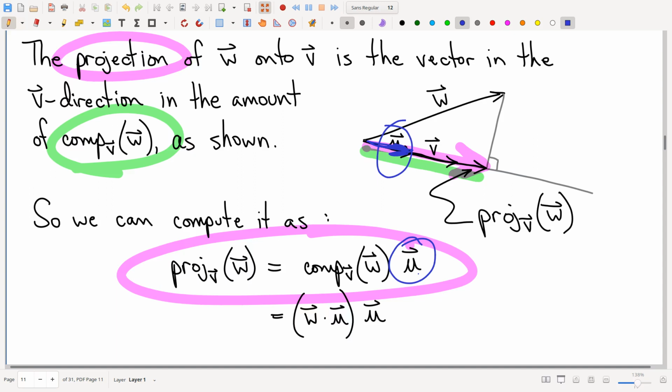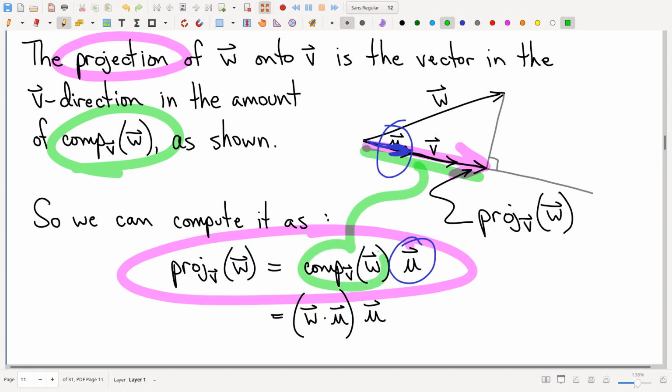And how far? Oh, okay, I just committed a little semantics crime. I said how far, like it's a distance, and it's not necessarily positive. The projection could be back that way. But plus and minus aside, how far are we going in the u direction? Well, the component.